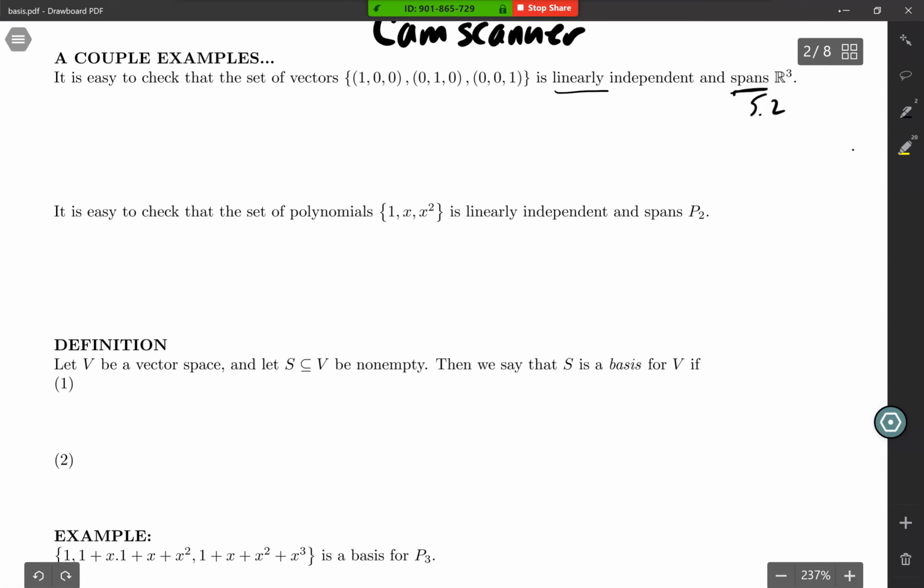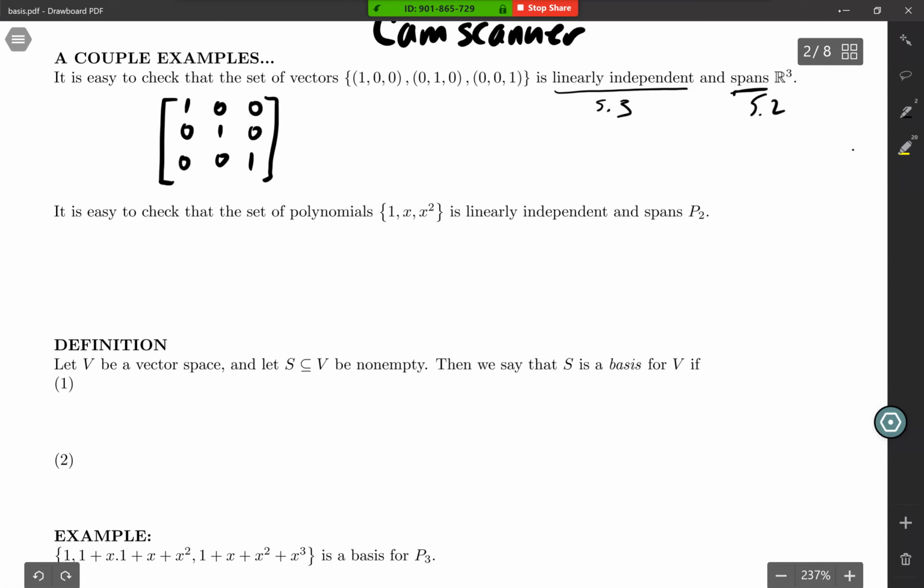And then linear independence, of course, was just what we finished up in section 5.3. So remember, for checking whether or not a set of vectors is linearly independent or if it spans, the whole idea is to put the vectors, if you can, into a matrix and put it in reduced row echelon form.